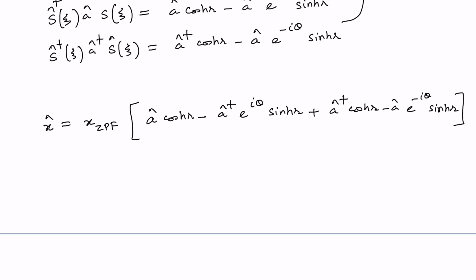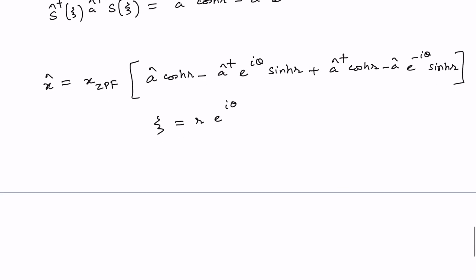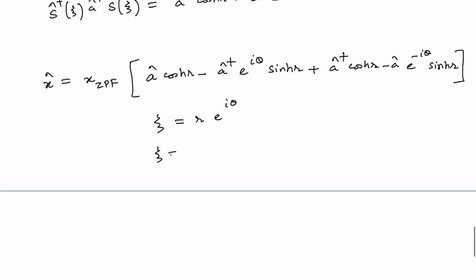By the way, we are asked to take xi to be a real quantity, because xi is equal to r e to the power i theta, and because xi is equal to xi star, I can take theta to be equal to 0.